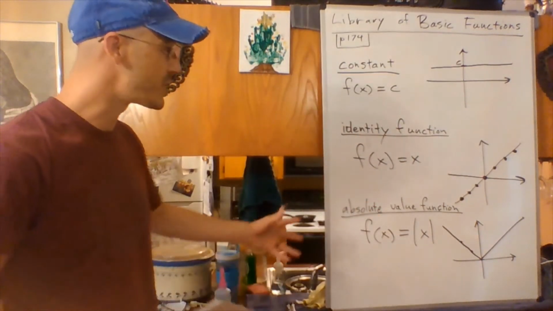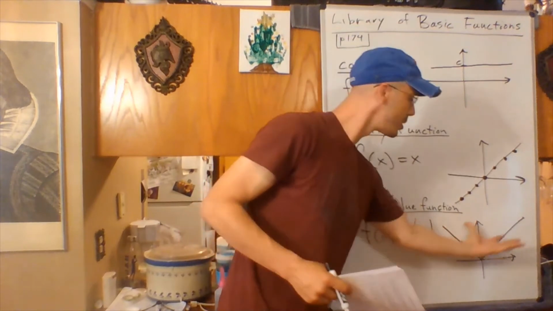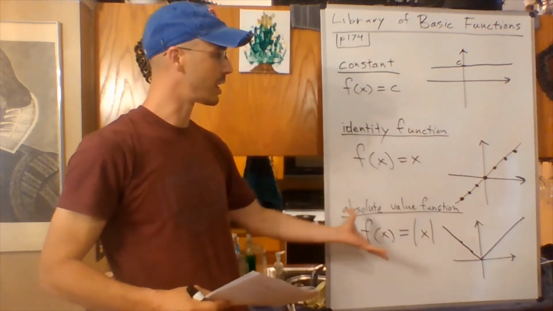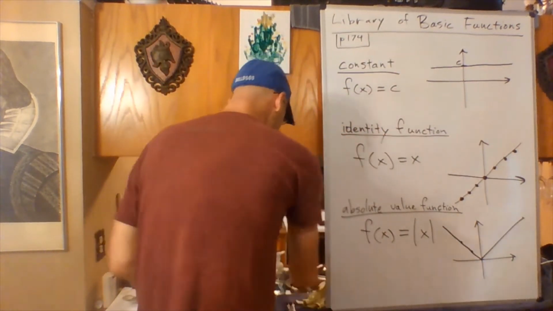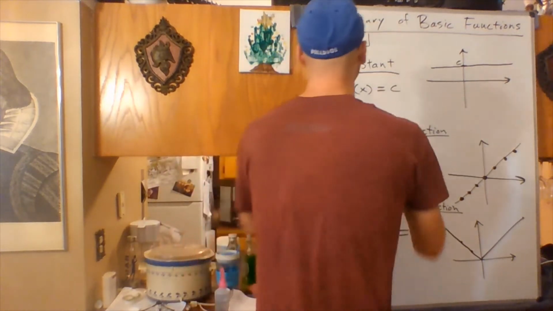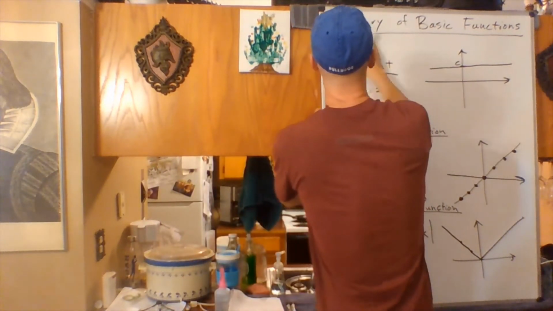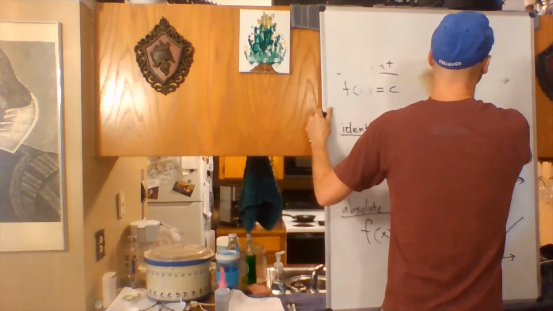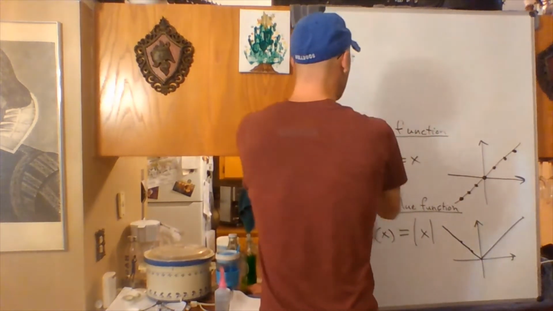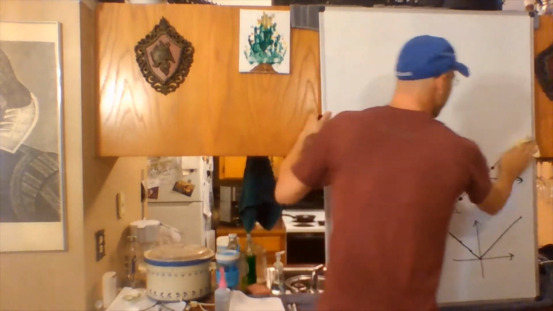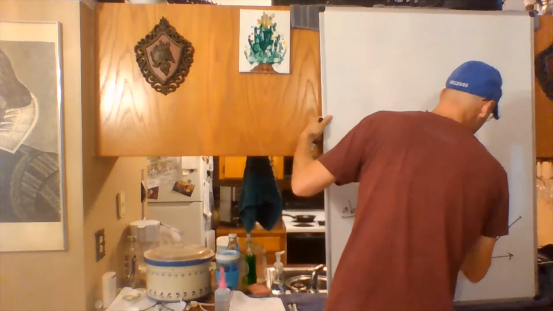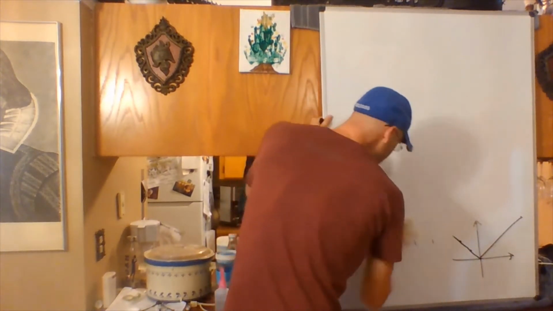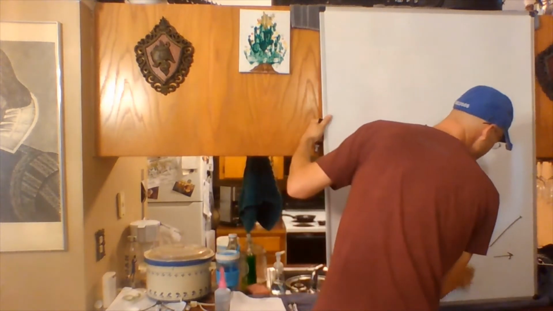And I think we've seen a graph of the absolute value. Well, this is just looking at it as a function. All right. The next one on the list is the one that we looked at first, the squaring function. Here they call it the quadratic function, and it is a quadratic function. There are lots of quadratic functions, and this is just the simplest.